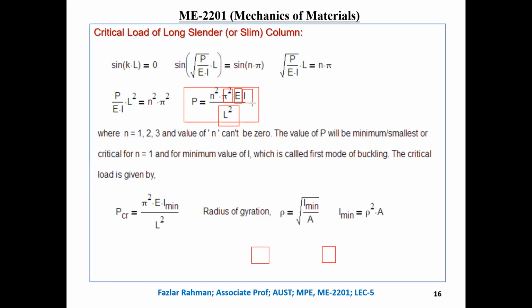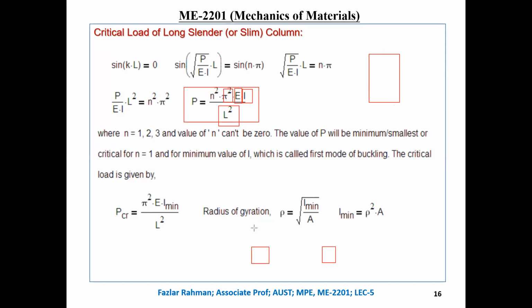And I can be varied because you can use a bigger size cross section or a smaller size cross section. Another thing, a cross section will have two I values, Ixx and Iyy. Sometimes Ixx and Iyy cannot be the same. So the value of P will be minimum, right?